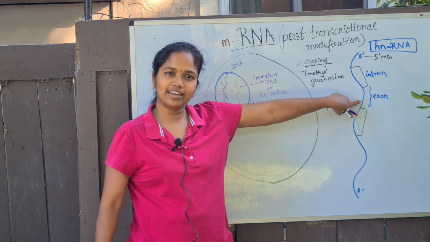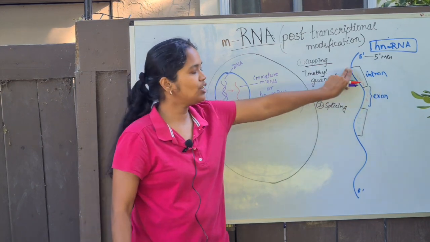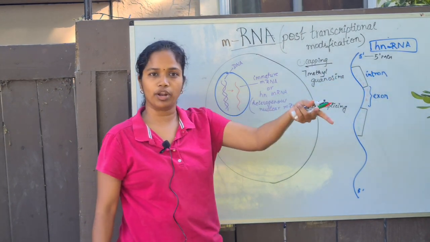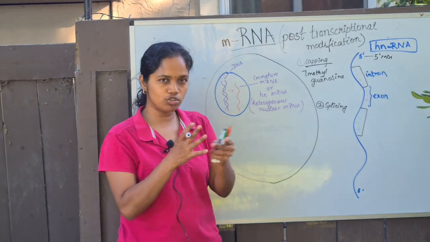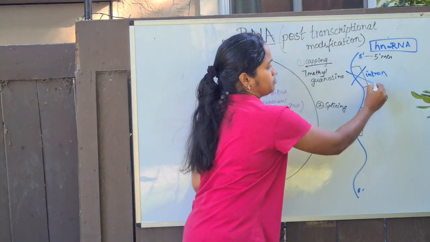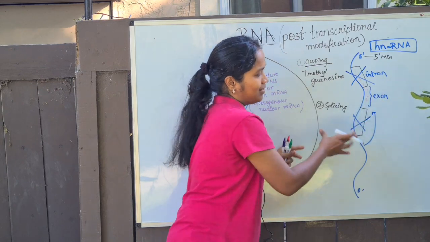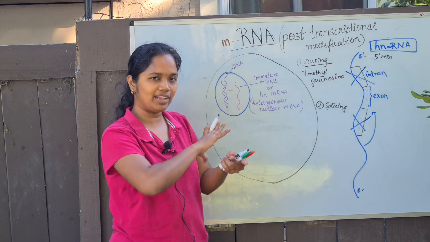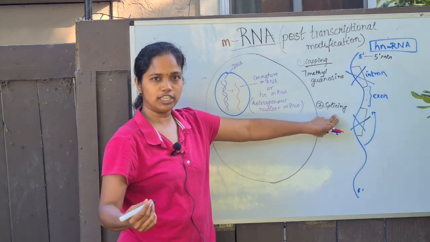It contains the information which has to be coded and translated into the protein. This intron is the non-coding. We don't want what is present in the intron to be coded. Fine. So in this immature mRNA, splicing means you have to cut and throw it away. So the introns are spliced and the exons are kept beside each other so that the mRNA becomes mature and it is translated into a protein. This is called splicing.